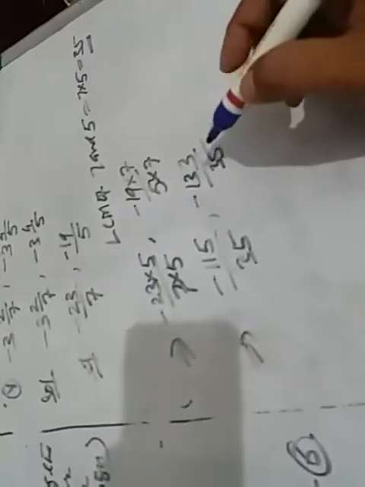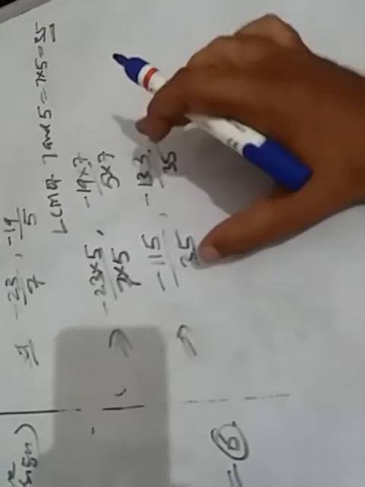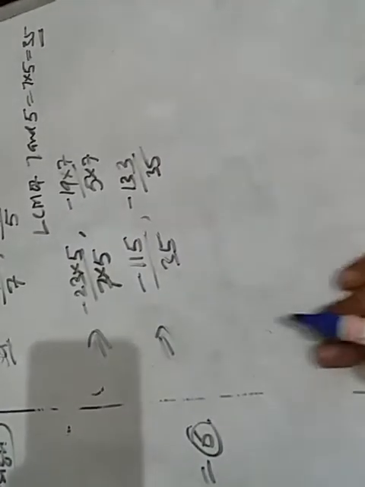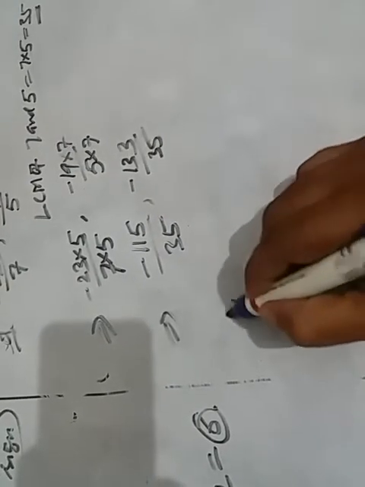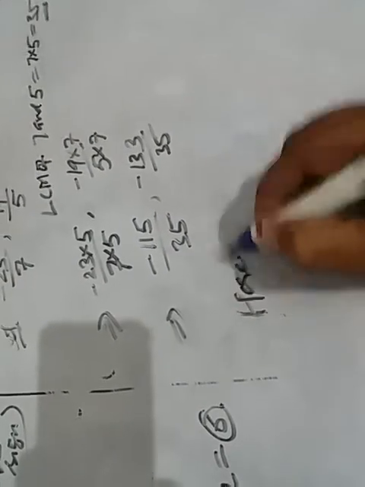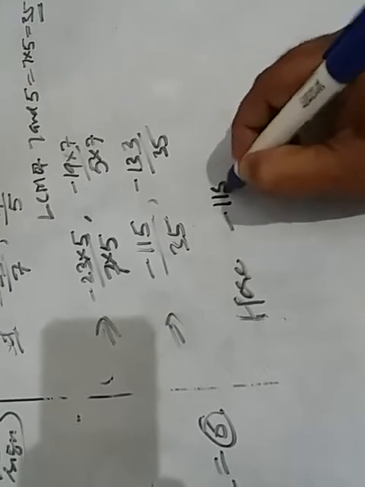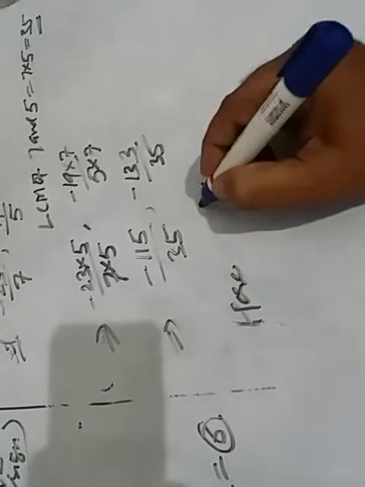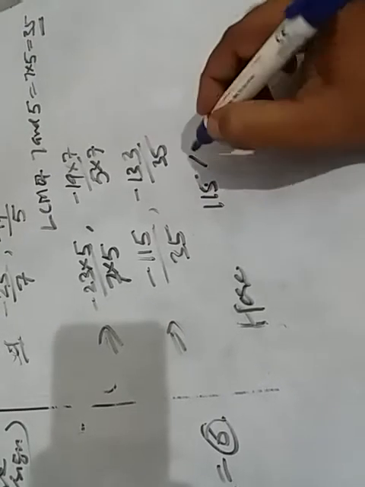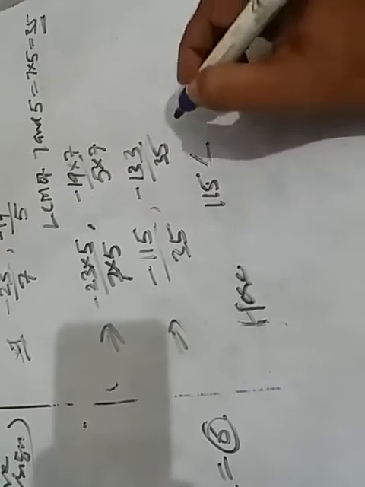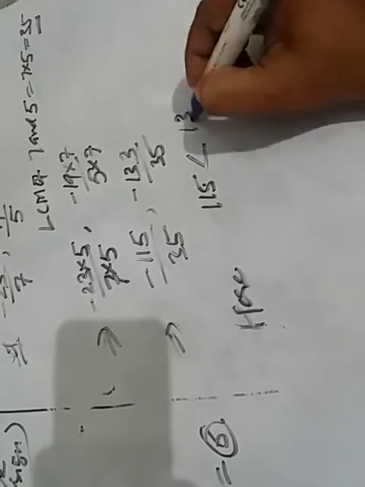Children, now both the rational numbers are like rational numbers, meaning their denominators are the same. So in such a situation, we have to compare both numerators. Here 115 is less than 133.